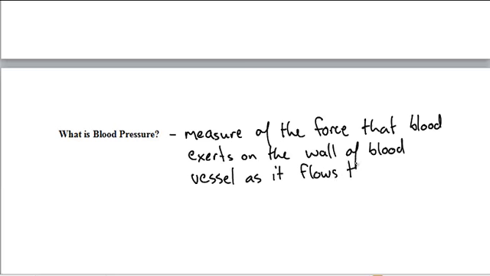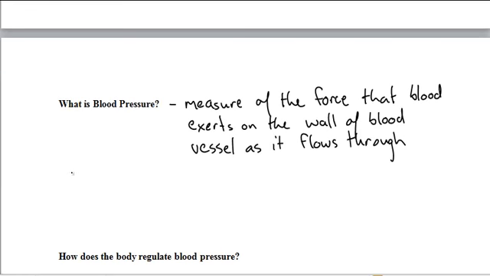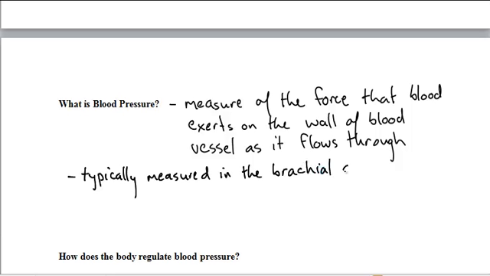And it's a good indicator of the health of your blood vessels. And for the most part, it's typically measured in the brachial artery, which is the artery in the arm. You have probably all seen where a blood pressure cuff goes. It's right under that cuff.